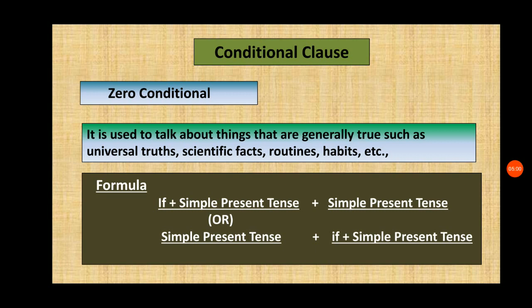Here we can find two clauses, two sentences. One can be the subordinate clause and another can be the main clause. Both sentences will be in the simple present tense. It can alternatively be written as simple present tense plus if plus simple present tense.